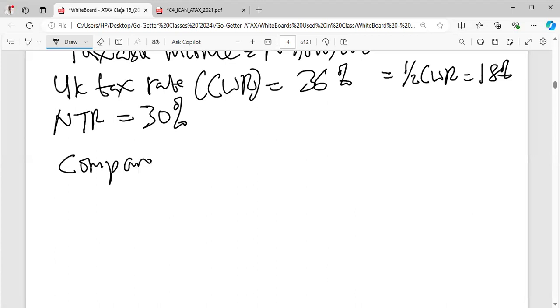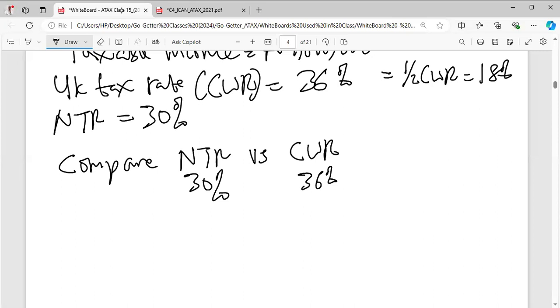So now the first condition is compare. You compare your NTR versus CWR. Now this is 30%. This is 36%.